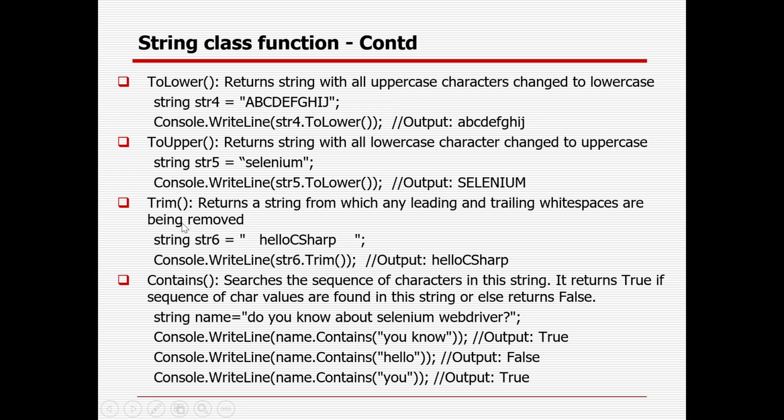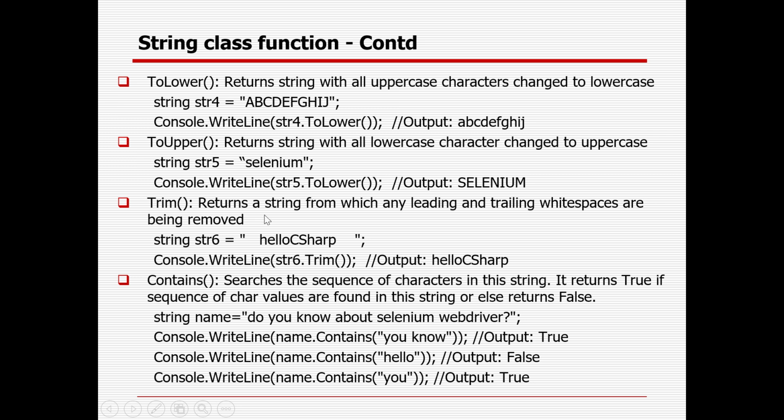Then Trim. Suppose a particular string has many leading or trailing spaces, but I don't want to consider those leading or trailing spaces. If there are spaces in the middle, that is fine, but I want to remove the leading or trailing spaces.